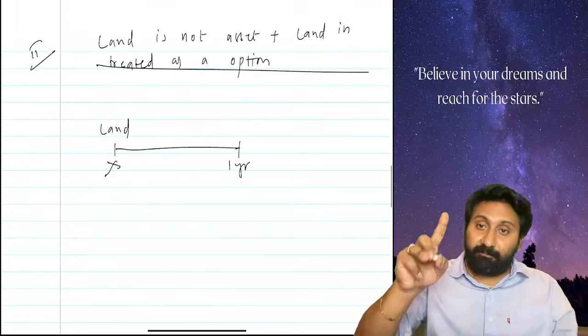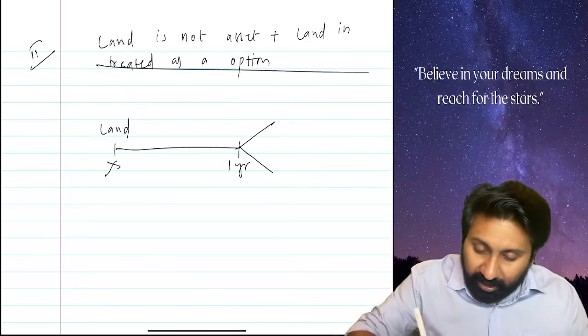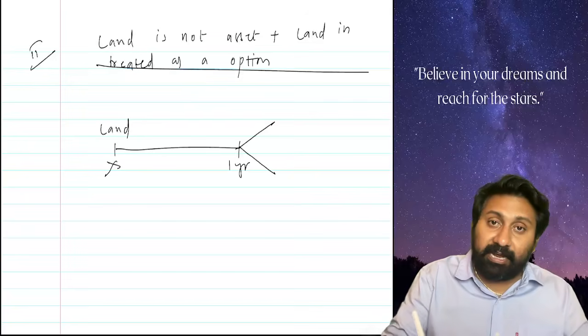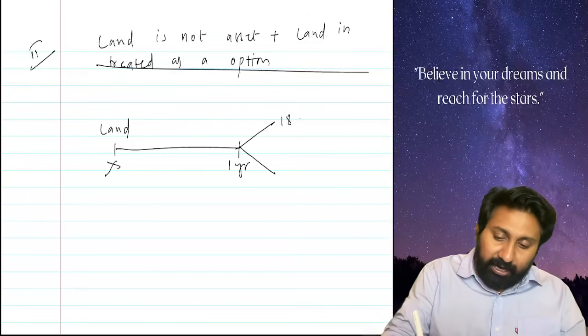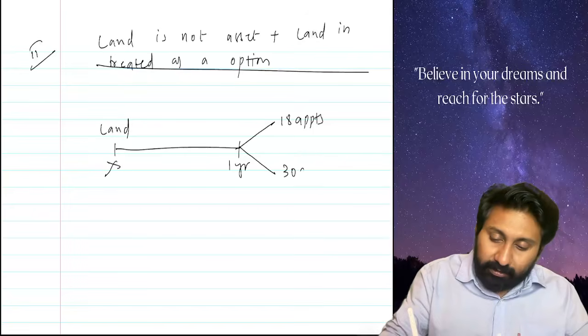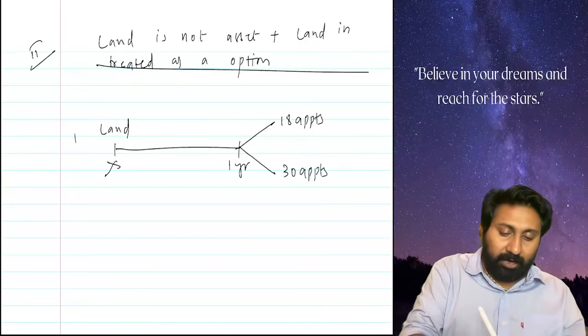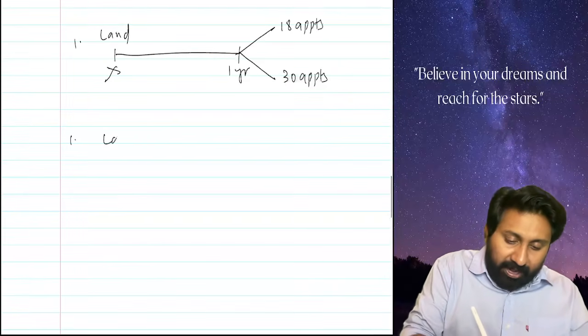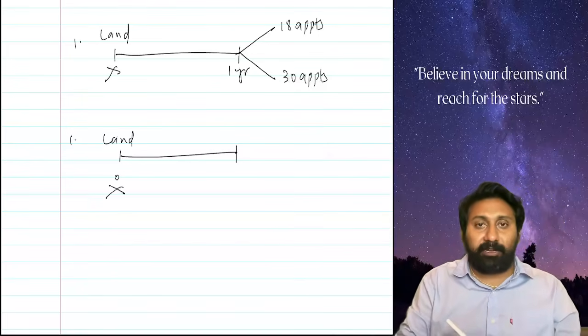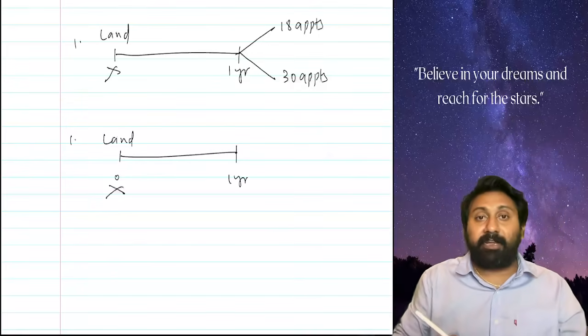If I wait for 1 year, I will have two options. Option 1, I can construct 18 apartments. I can construct 30 apartments. If I have a land today and I am not doing anything today, I am waiting for 1 year.